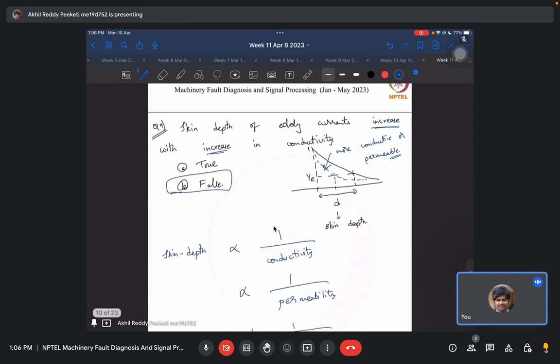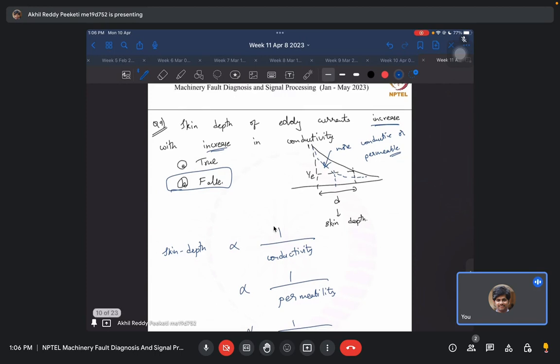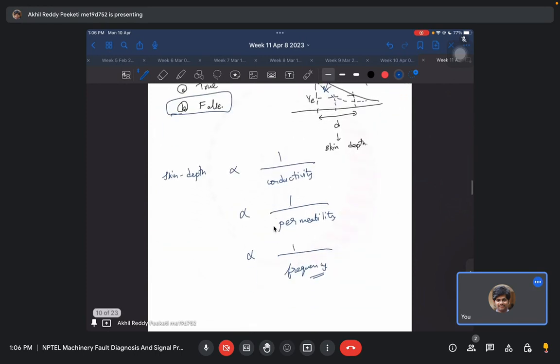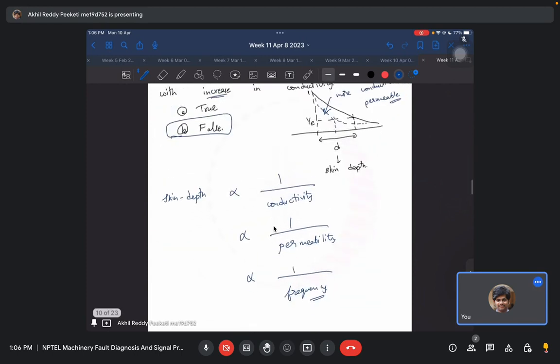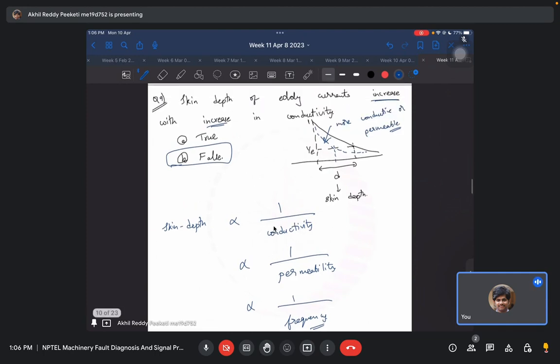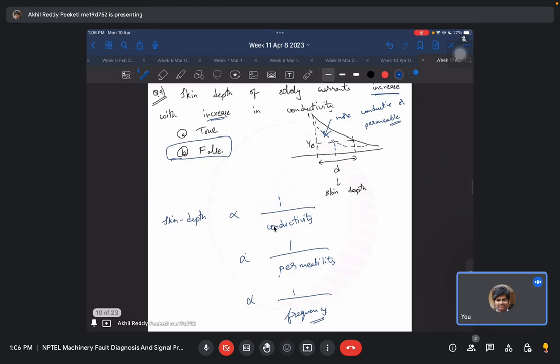And if the material is more conductive, the eddy currents drop much faster, so the skin depth is lower. So the skin depth is inversely proportional to the conductivity and permeability of the material. It is also inversely proportional to the frequency of the changing magnetic field source.